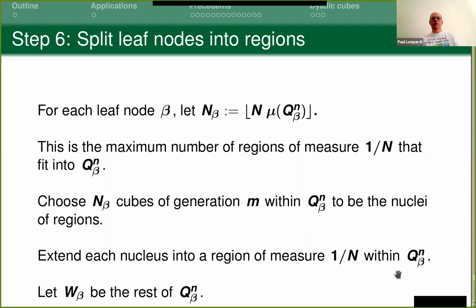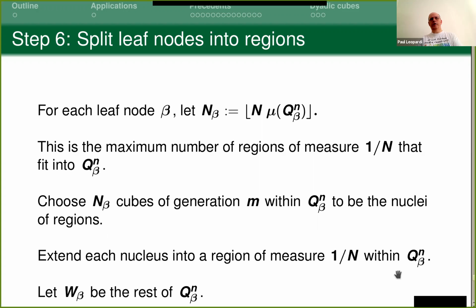And we do that in such a way as we wind up with an integer multiple of 1 on N worth of measure within each surviving region, well, each surviving node.